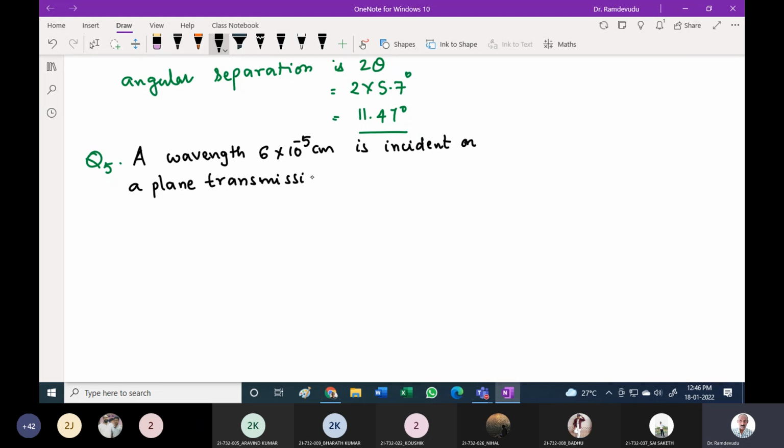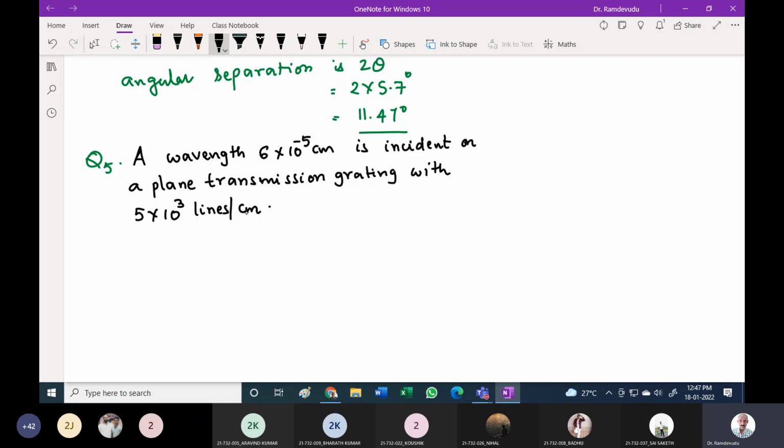Gratings may be of different types, reflection type, transmission type, but what we are discussing is only the plane transmission grating. A wavelength is incident on a plane transmission grating with 5 into 10 to the power 3 lines per centimeter.